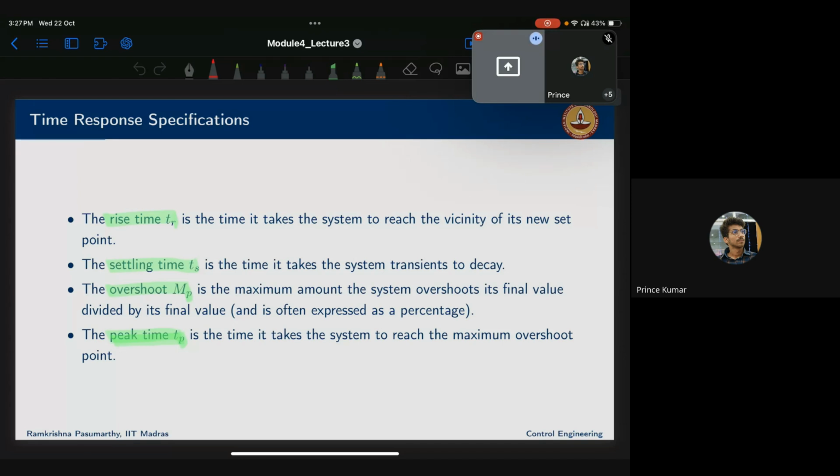Generally, all these are defined with respect to the response of a system. The response of a system, as we have seen previously, is nothing but the y of t expression or y of t plot.